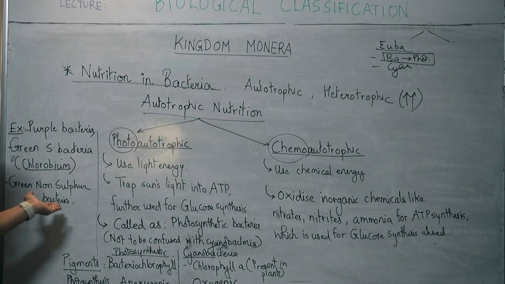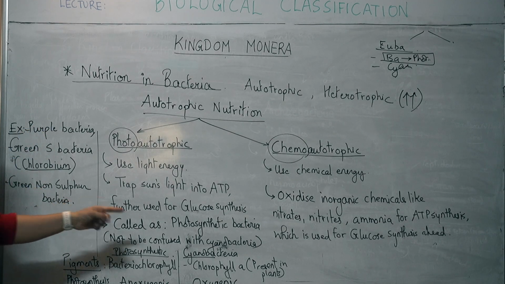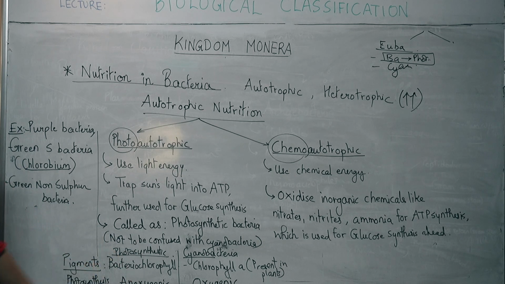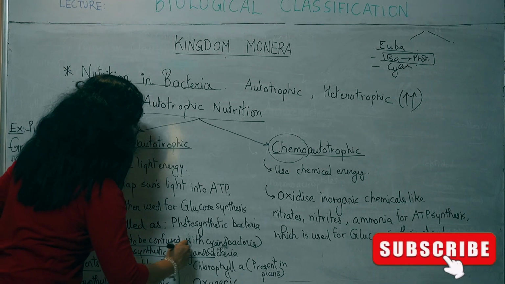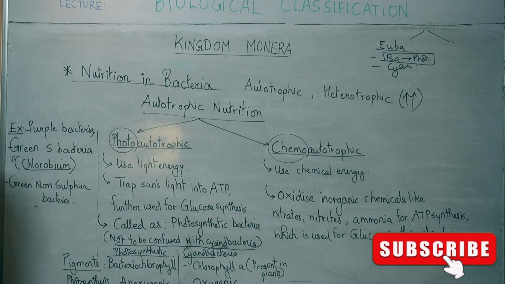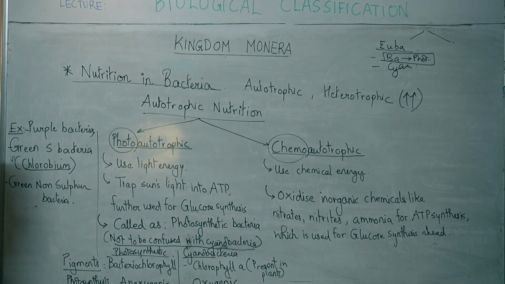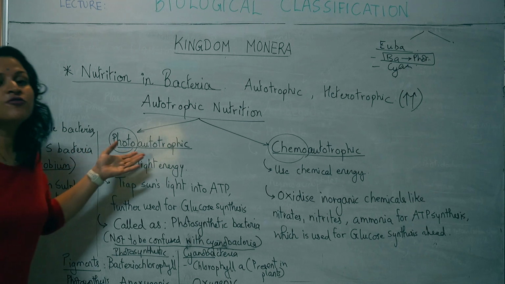These are the different examples of photosynthetic bacteria, not to be confused with cyanobacteria. Very important. Next. So these are photoautotrophic.